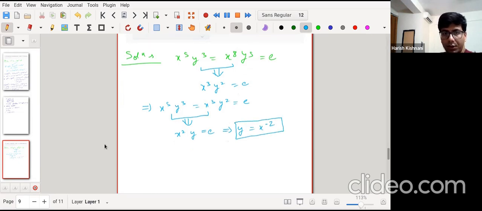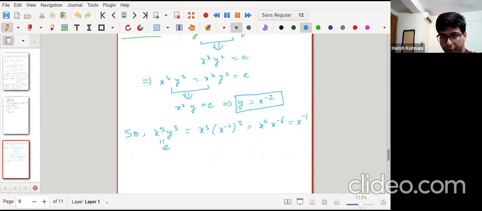Now the initial relation x5 y cube becomes x5 times x minus 2 raised to cube, that is x5 x minus 6, which is x inverse, and we have that this is equal to identity.